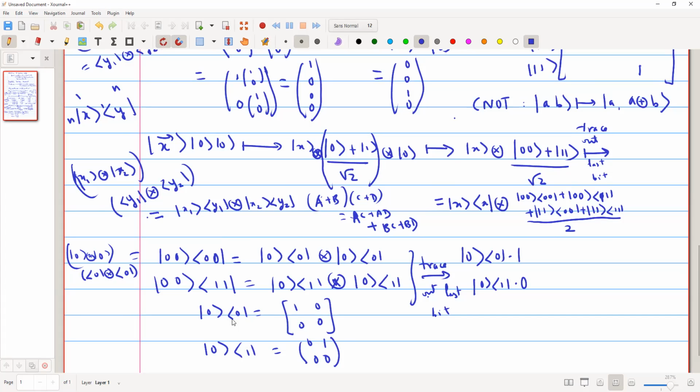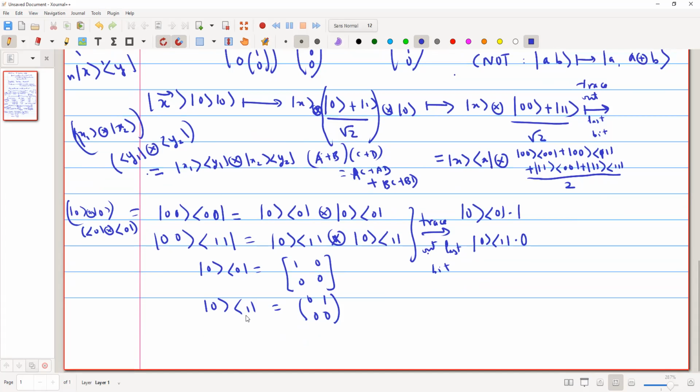So I know that this operator sends ket 0 to ket 0 and ket 1 to the 0 vector. And this is exactly what is being done. Ket 0, the 0th standard basis vector, is going to itself. The first standard basis vector is going to the 0 vector. For this one, this is ket 0 bra 1. So what is this doing?